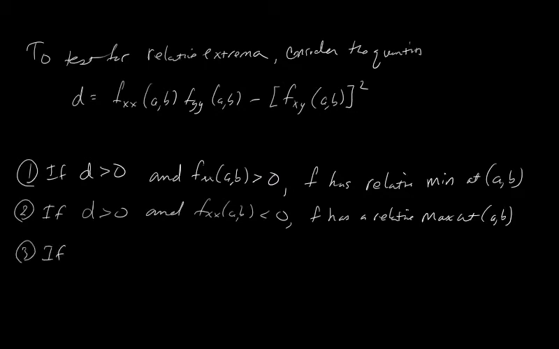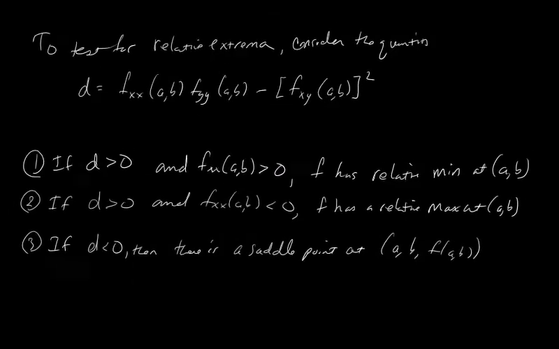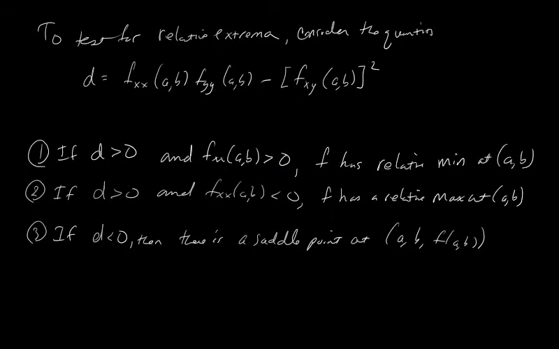If d is negative, then there is a saddle point, which is neither a max nor a min, but it is a critical point. There is a saddle point at (a, b, f(a, b)), so x, y, z. And 4, if we get d equal to 0, the test is inconclusive.